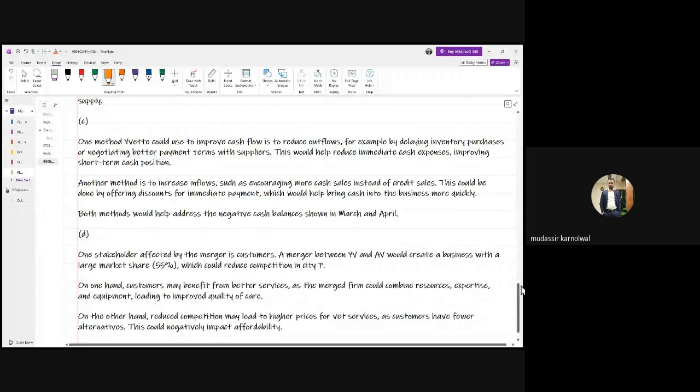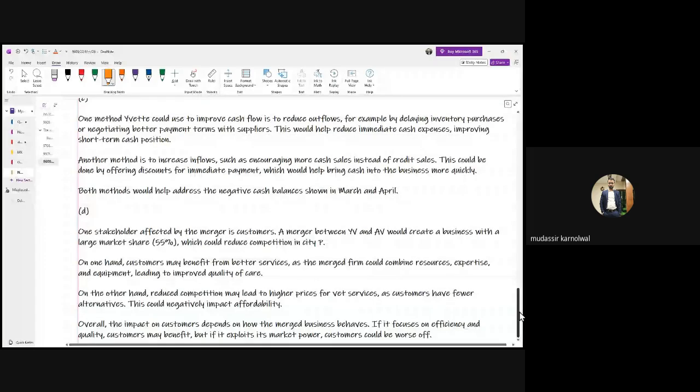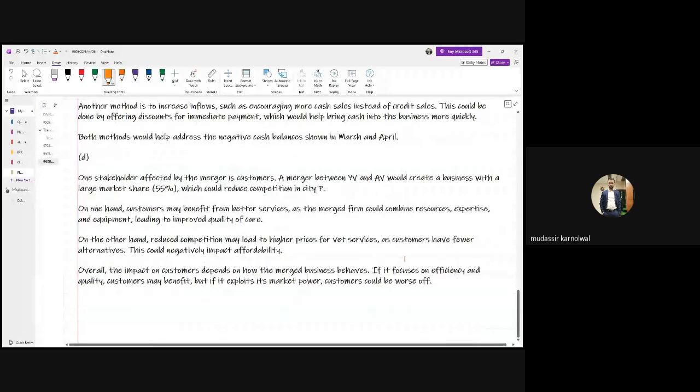But on the other hand, reduced competition may lead to higher prices for vet services as customers have fewer alternatives. This could negatively impact affordability. Overall, the impact on customers depends on how the merged business behaves. If it focuses on efficiency and quality, customers may benefit. But if it exploits its market power, the customers could be worse off. Right?